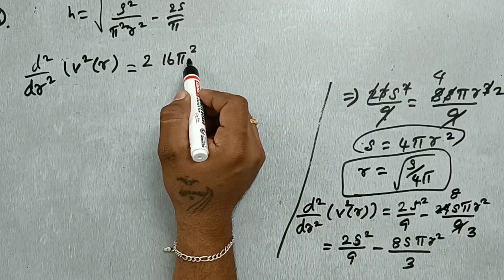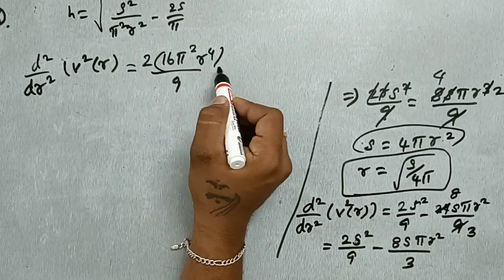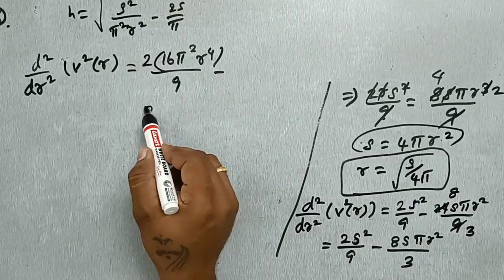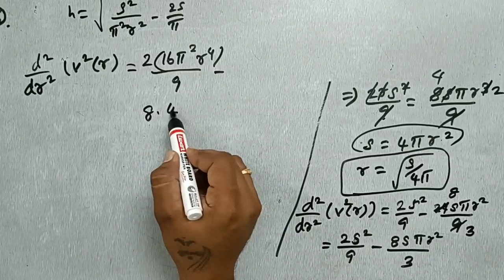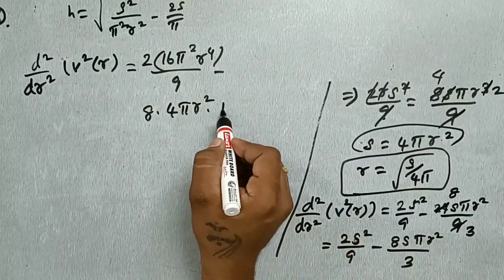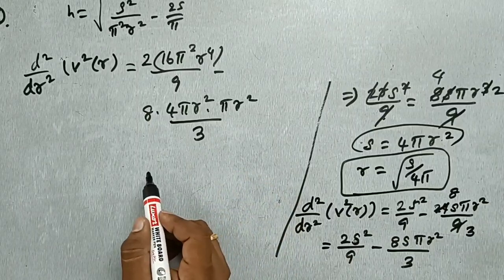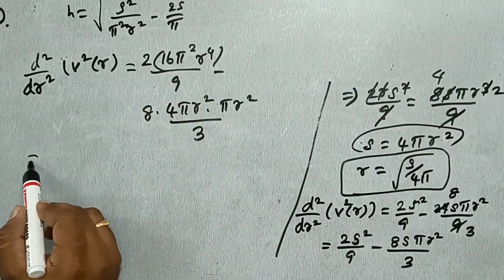16 into pi square into r power 4 divided by 9 minus, we will get 8 into s value, which is 4 into pi into r square. Already pi into r square is available, divided by 3 will come. So now we can multiply this inside.